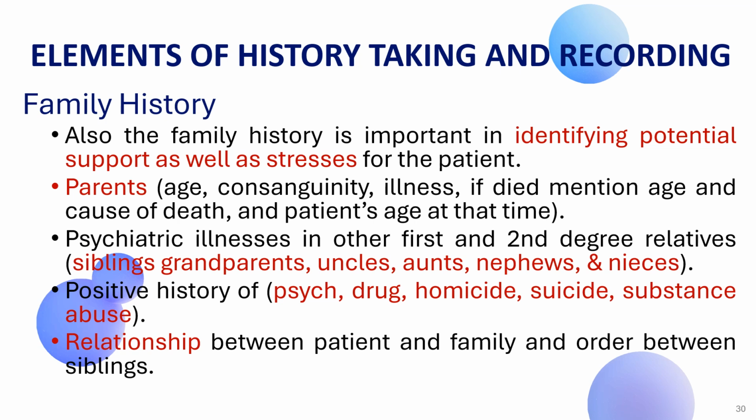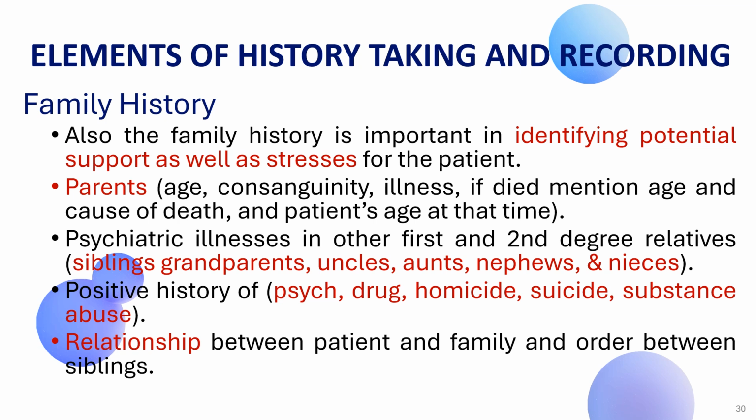Parents' age, consanguinity, illness, and if the parent died, the age and cause of the death should be noted, and the patient's age at the time of the death of the parent should also be identified. Psychiatric illnesses in other first and second degree relatives like siblings, grandparents, uncles, aunts, nephews, and nieces should also be taken into account for making the genetic load.